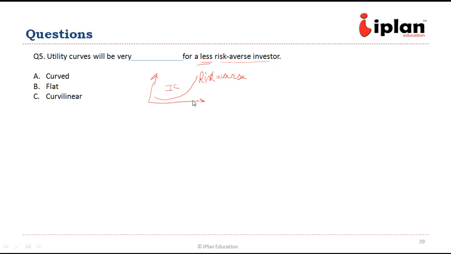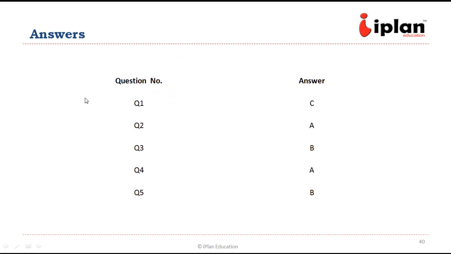But if it is a less risk averse investor, this curve will be flat. So B is the right answer. These are the answers to these questions.